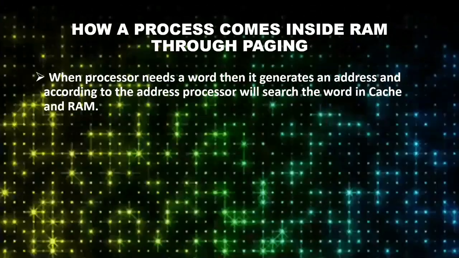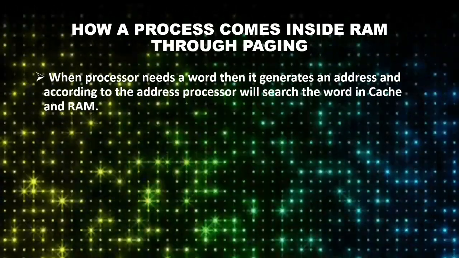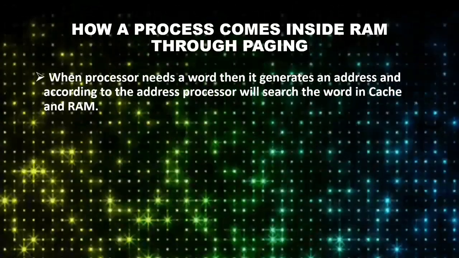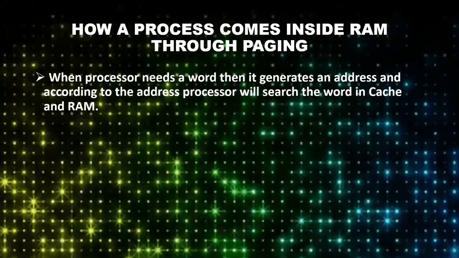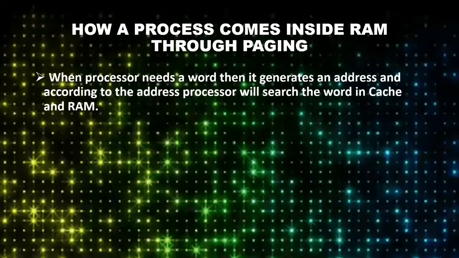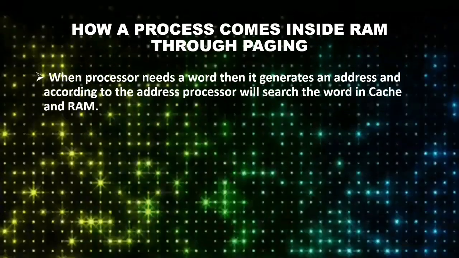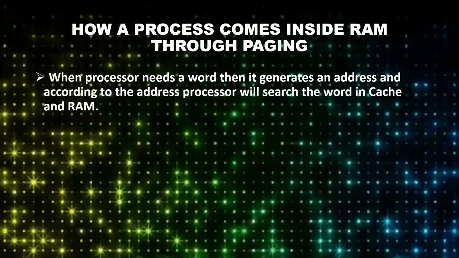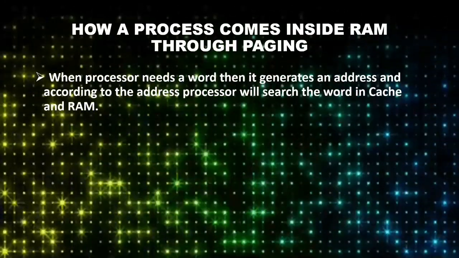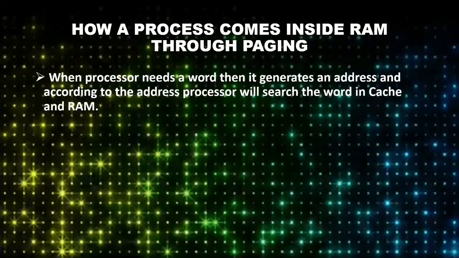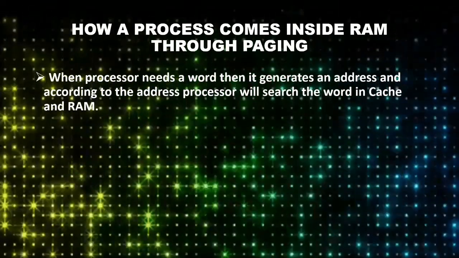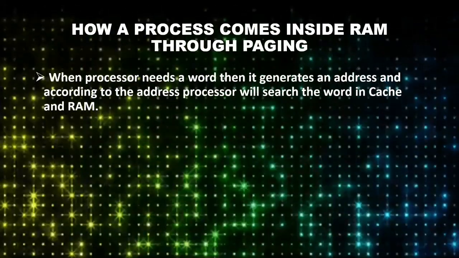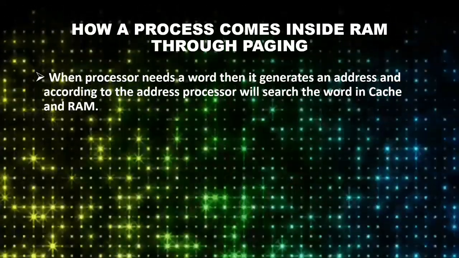So how are these words available to the processor? When the processor needs a word, it generates a logical address, or virtual address, and this logical or virtual address is translated to a physical address by the memory management unit. This physical address tells us in which location of the main memory the word is present.